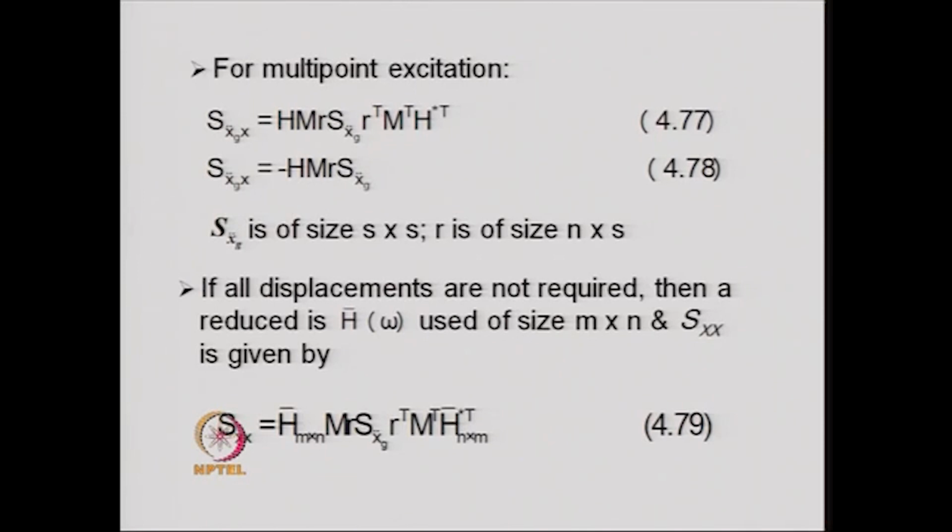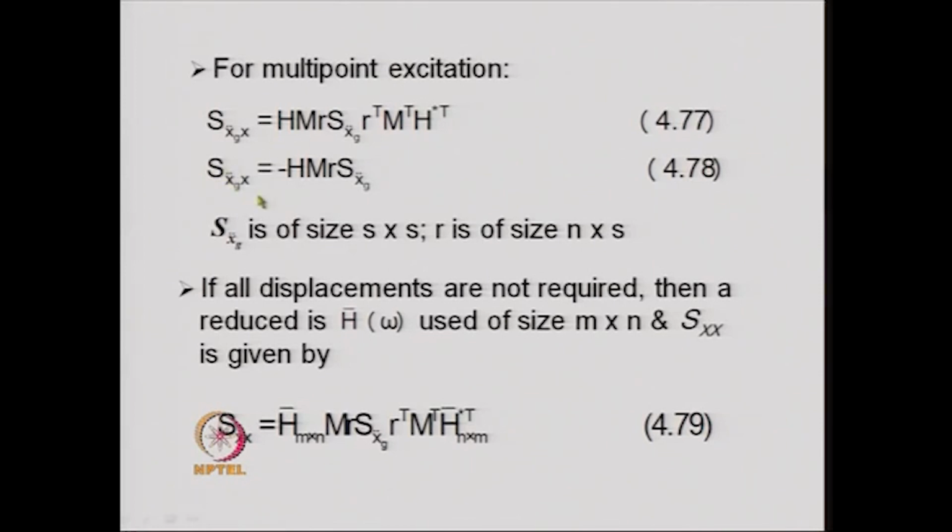Displacement is a vector, the force is a vector, and therefore this is a matrix of displacement, and this is the power spectral density function matrix of excitation, and R is the influence coefficient matrix that we had discussed when we were solving the problem for the multi-degree of freedom system subjected to deterministic ground motions which cause different excitations at different supports because of the time lag.